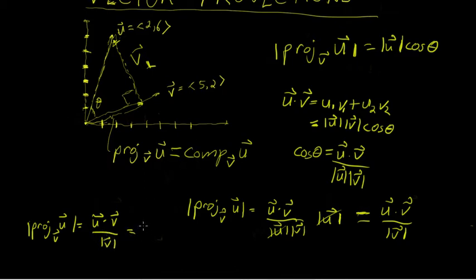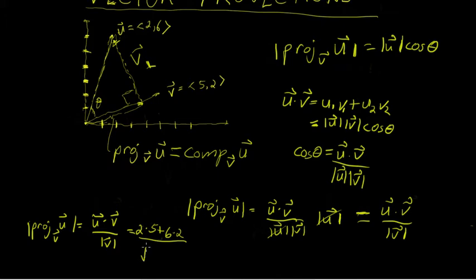So what's that? We're going to be multiplying the corresponding components of u and v and adding them to one another. So 2 times 5, that's u1 times v1, plus u2 times v2, so plus 6 times 2, over the magnitude of v.